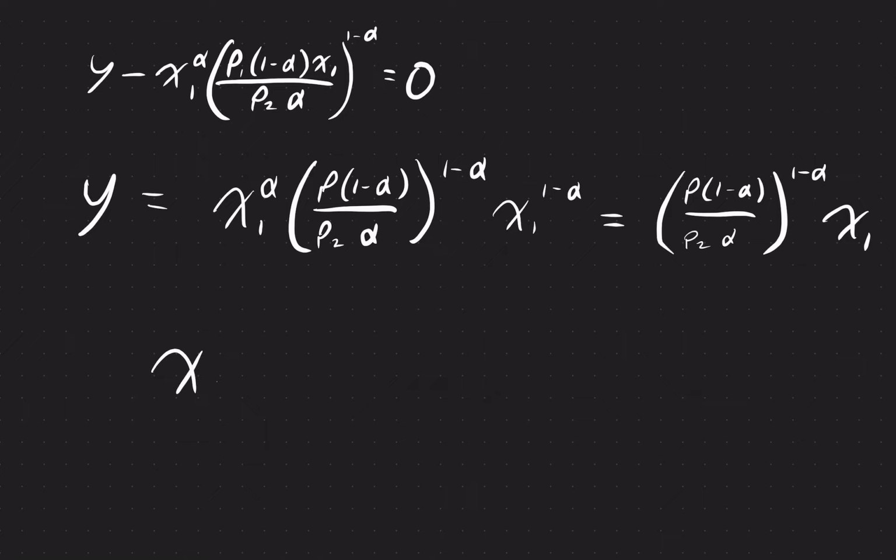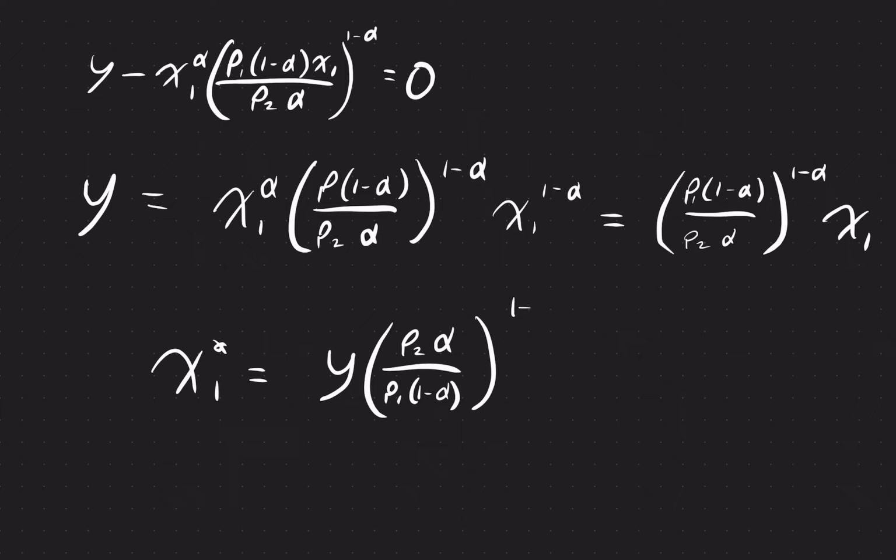So finally, x1 star, the optimal value, is going to be equal to y times p2 alpha over p1 1 minus alpha to the 1 minus alpha. And I flipped the top and bottom here when I moved it to the other side.